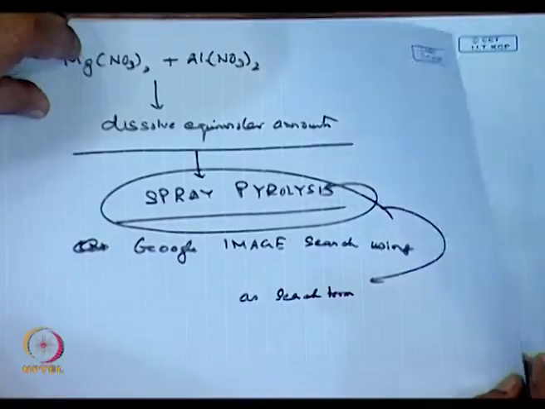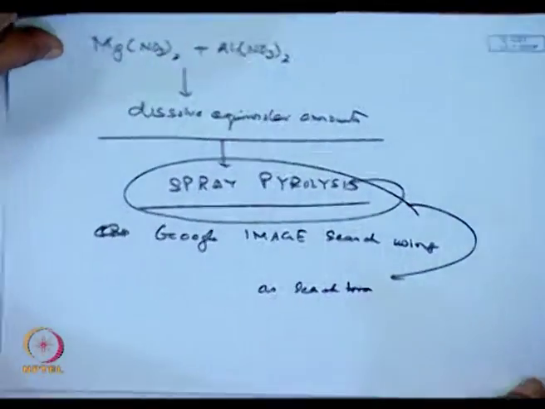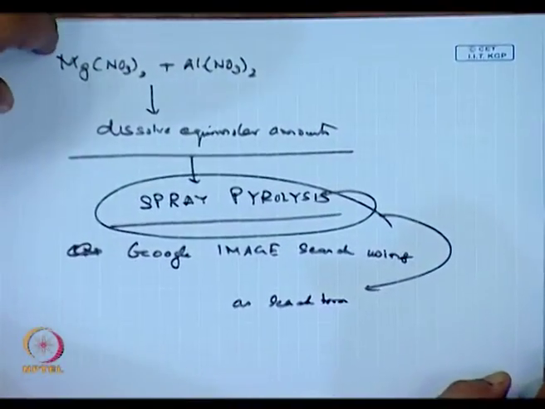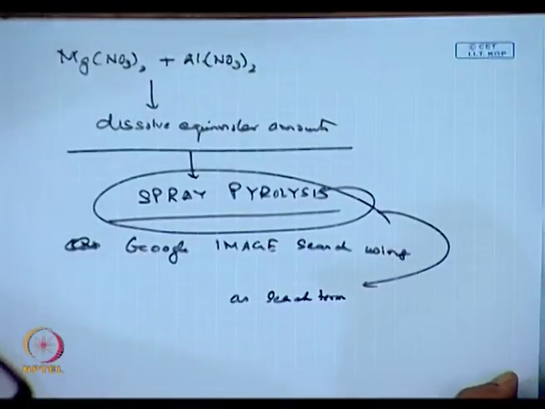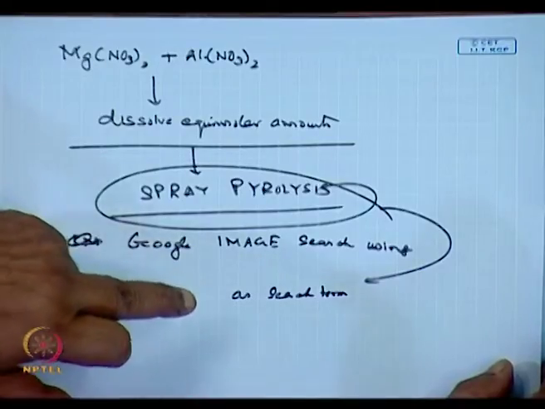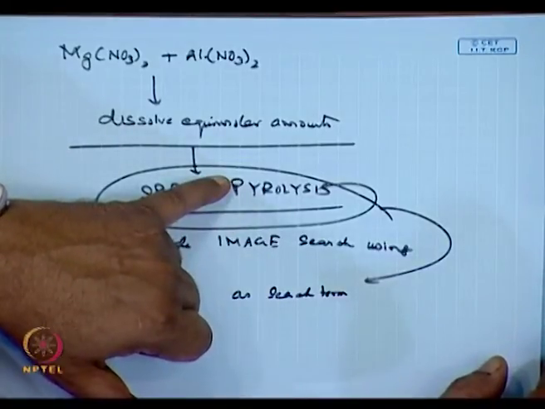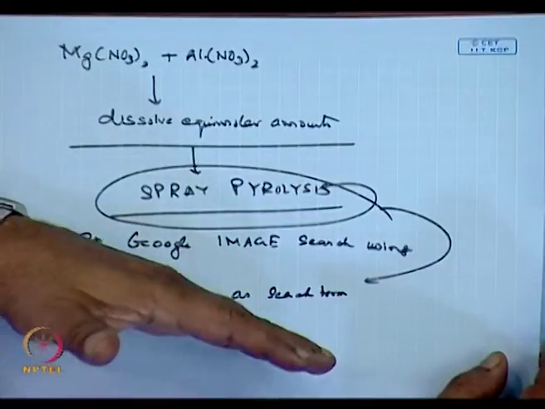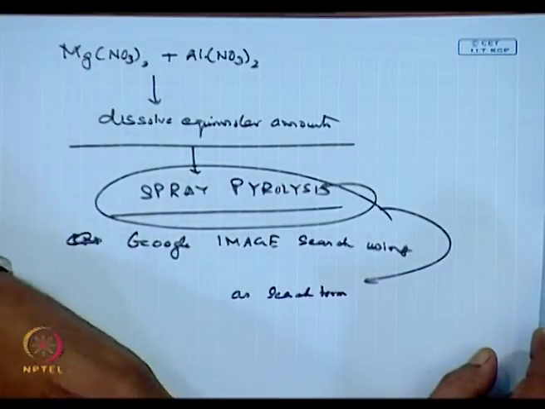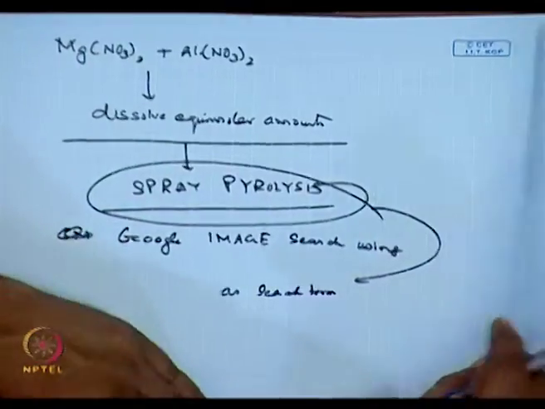Unfortunately, I cannot show it because all of it is copyrighted. There is only one reasonable picture of spray pyrolysis in open source. So I leave it to you to Google this, and you will see excellent diagrams of spray pyrolyzers. What is done in spray pyrolysis?